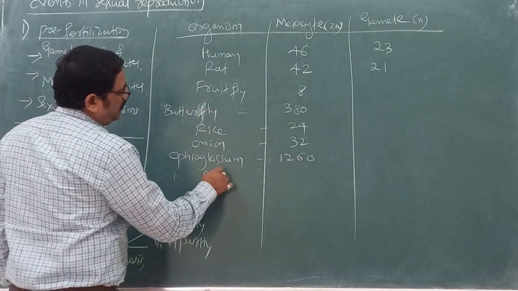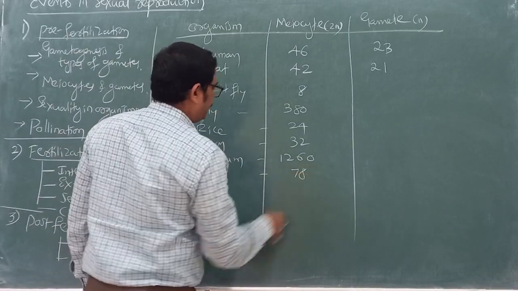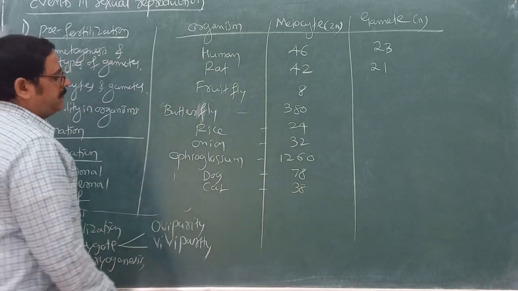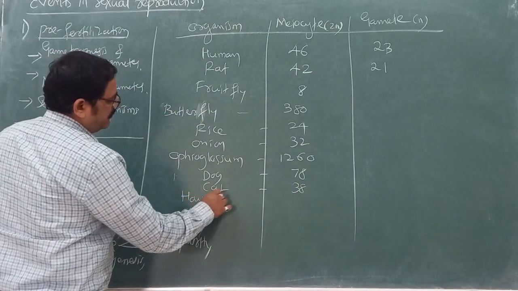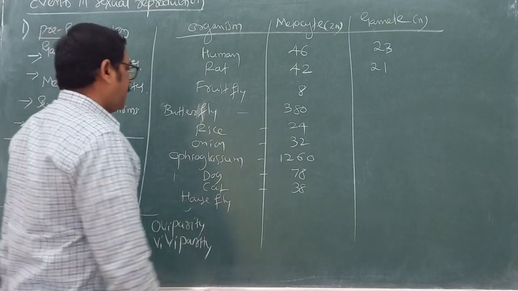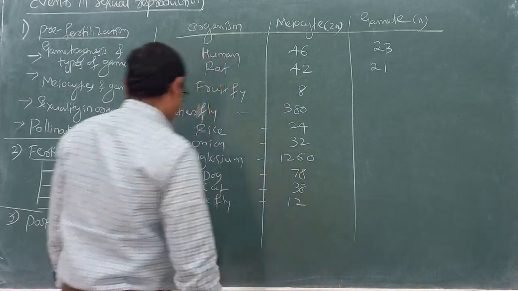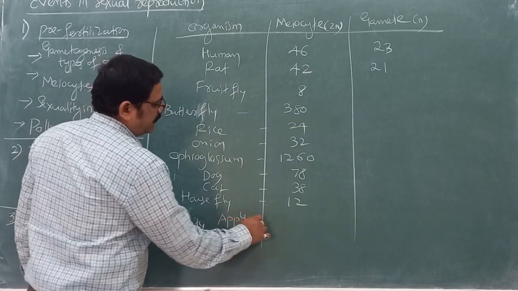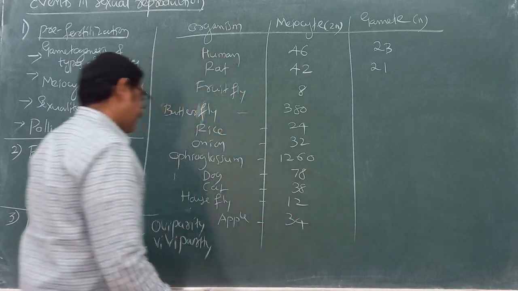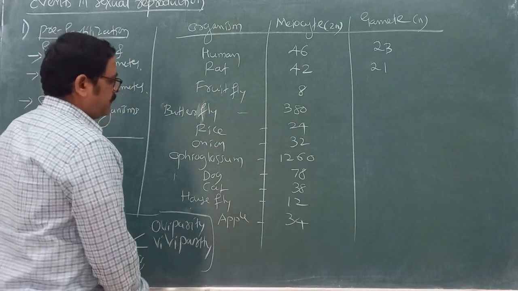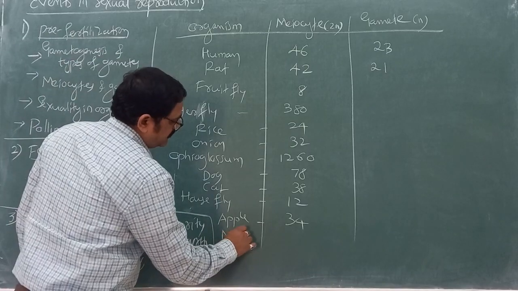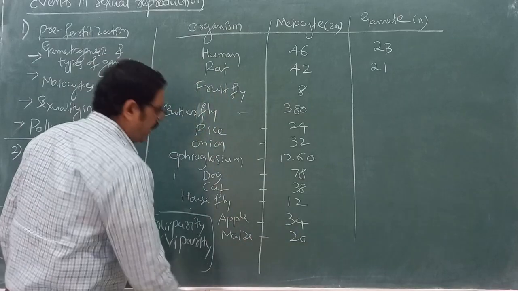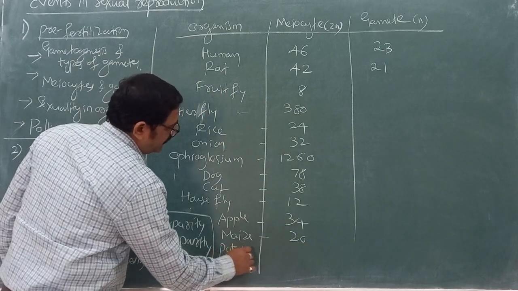Then the dog diploid chromosome number is 78. Cat 38. Housefly 12. Then apple 34. Then maize, diploid number is 20. And then potato plant 48.